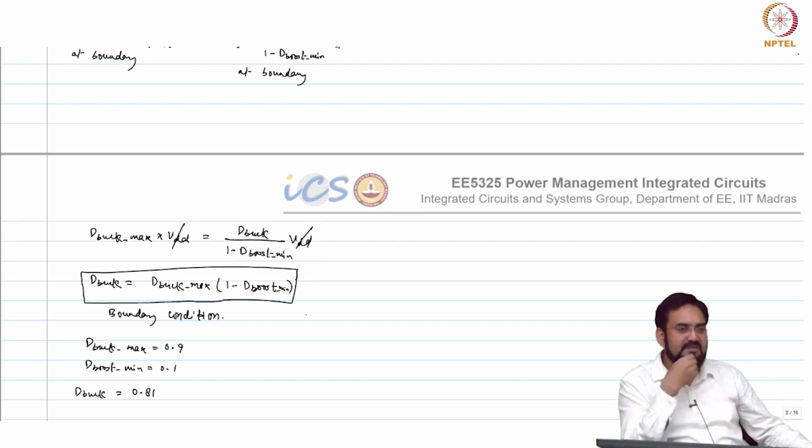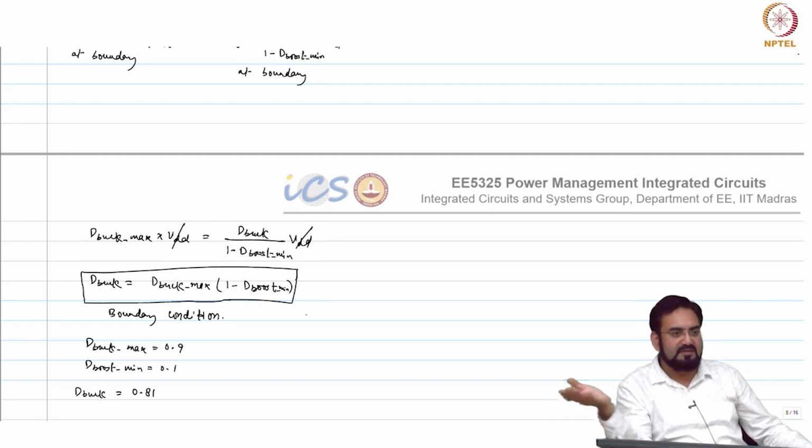No, but you have a 10% margin there roughly, which means 10% more current you will be burning and you will lose your efficiency. So it doesn't make any sense.